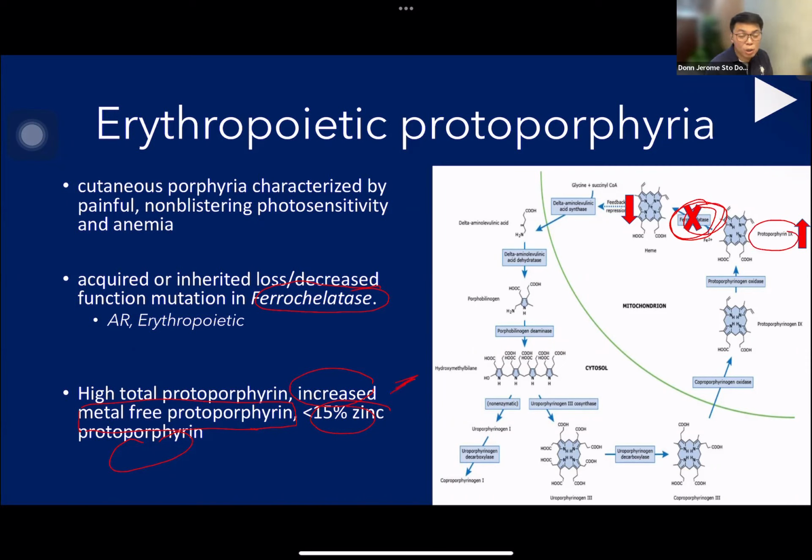Would you still have zinc protoporphyrin? Yes, pero it's decreased, less than 15%. Why? Di ba you remember, do you absolutely need an enzyme to make an end product? Hindi naman, di ba? So you can still make zinc protoporphyrin, but in very low amounts, less than 15%.